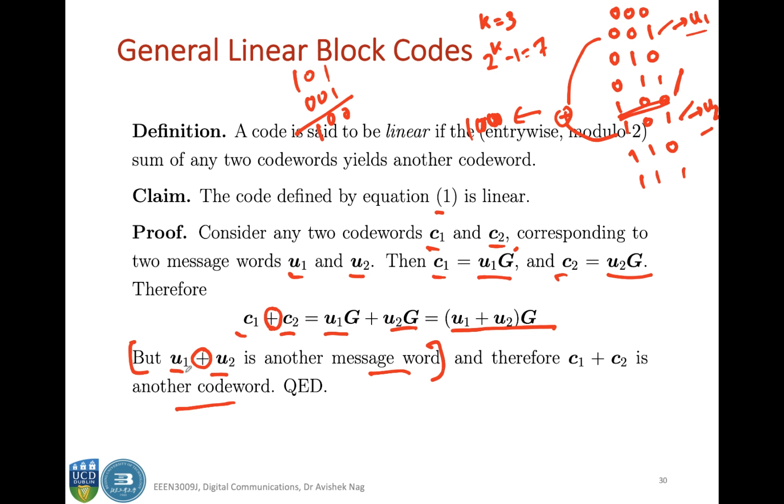So that's why it is said here that U1 plus U2 is another message word, which is true. We have demonstrated it just now. You can check for any two chosen message words. You will see U1 plus U2 is another message word, and therefore C1 plus C2 is another code word. So therefore the code is linear.